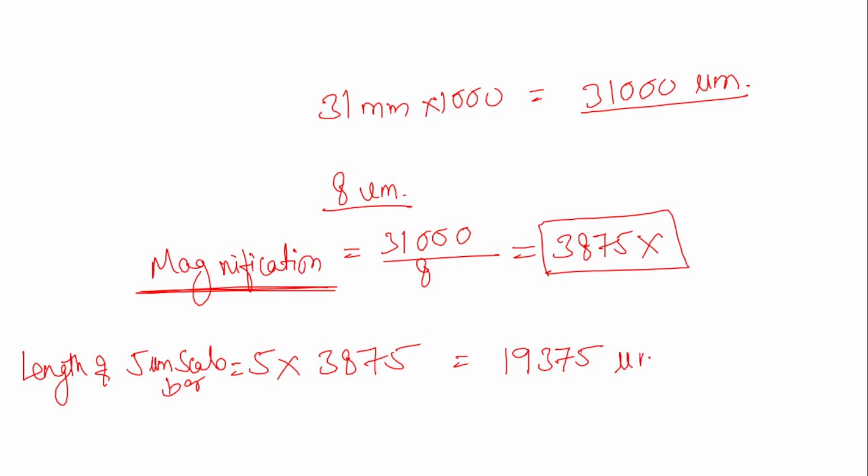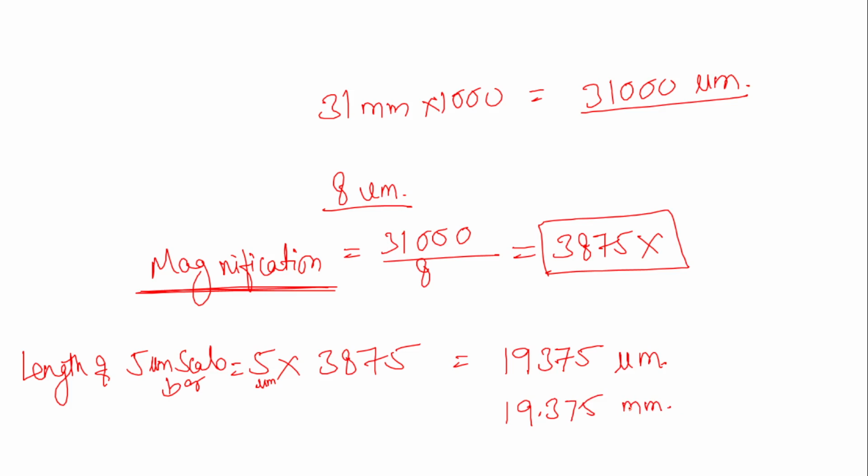Okay, that will be micrometers because this is 5 micrometer. So if you want to see it in millimeters, then this micrometer can be converted into millimeters. So millimeters will be 19.375 millimeters because millimeter is bigger.